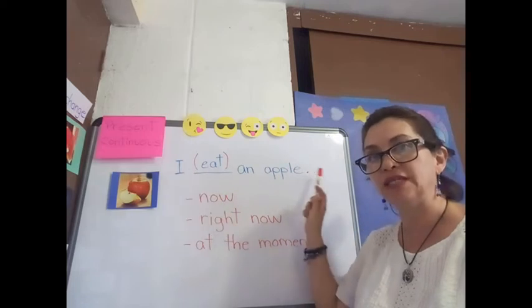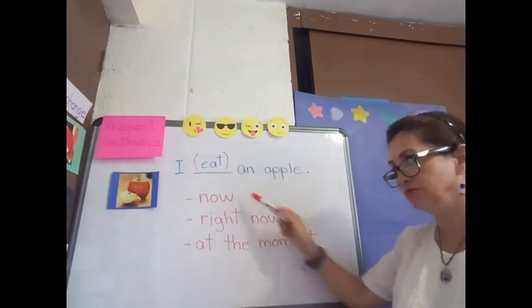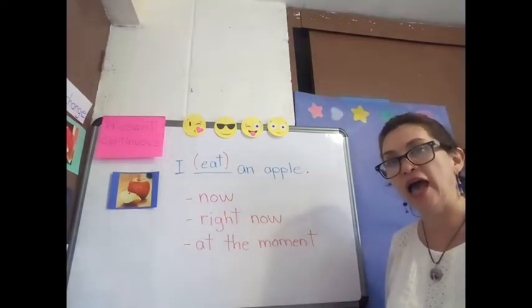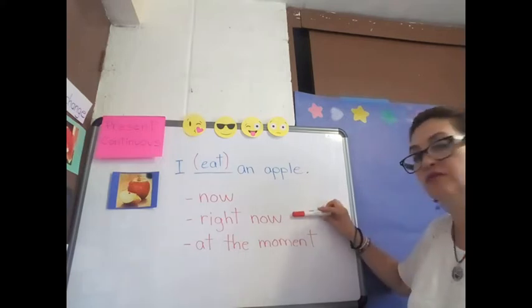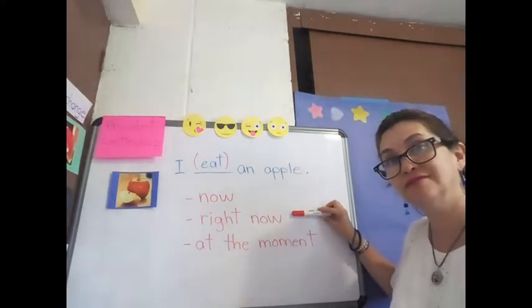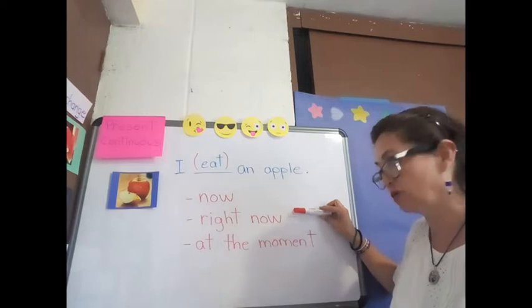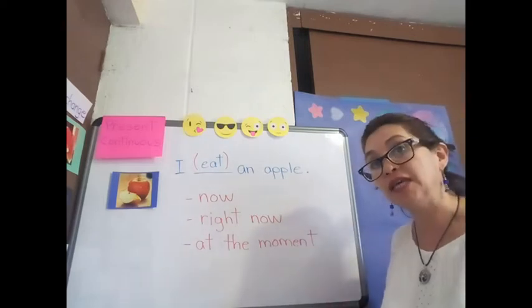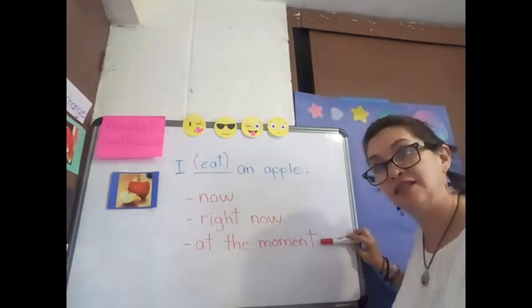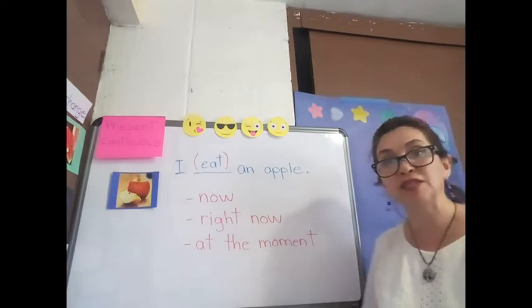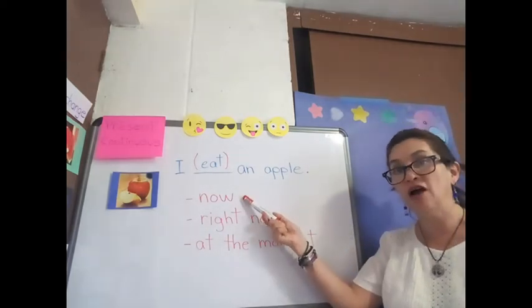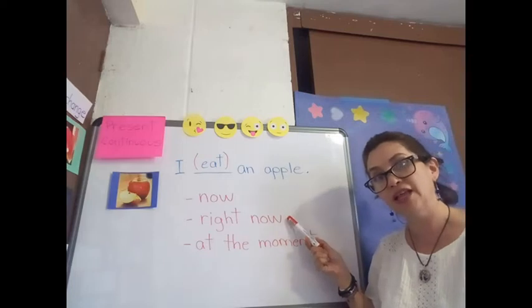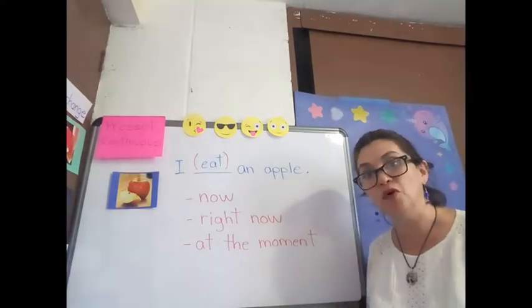I am eating an apple now. I am eating an apple right now. Or we can also say, I am eating an apple at the moment. Time expressions: now, right now, at the moment.